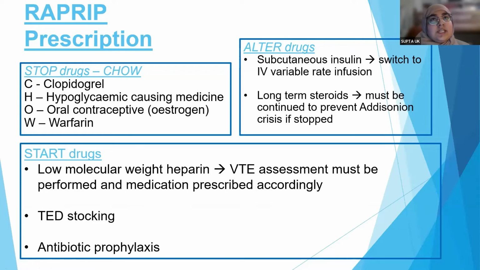You can find the contraindications in BNF, but like I said, severe peripheral vascular disease is one of the key contraindications. So do not ever prescribe TED stockings in peripheral vascular disease. And then antibiotic prophylaxis, I mentioned this earlier.